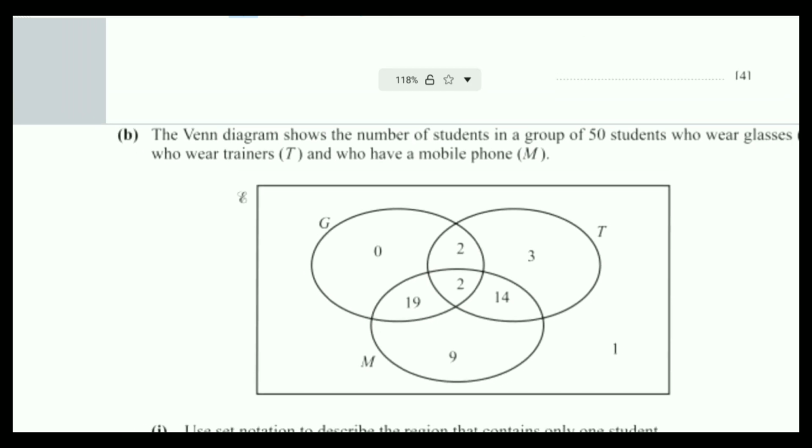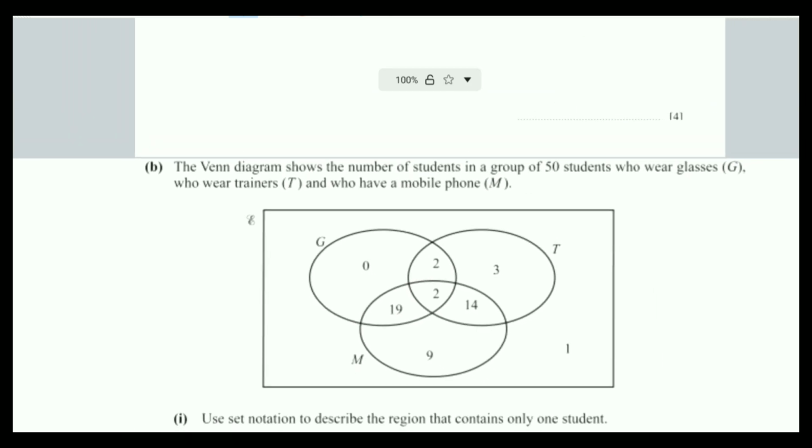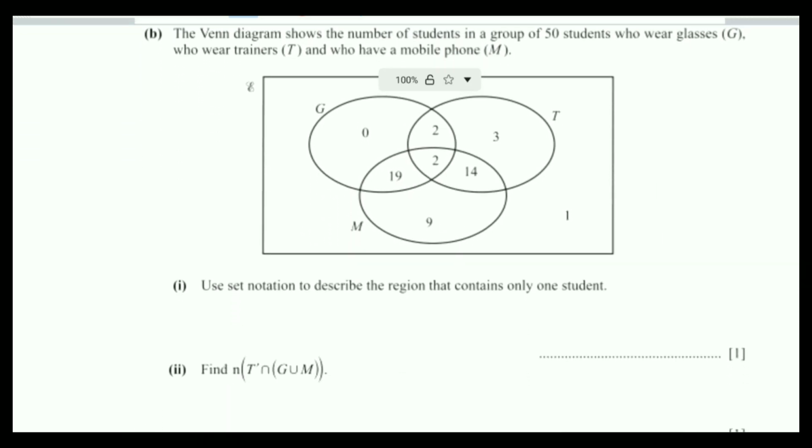Okay, next question. The Venn diagram shows the number of students in a group of 50 students who wear glasses, who wear trainers, and who have a mobile. Use set notation to describe the region that contains only one student. You can see that one student is here outside the circles. So first of all, think about it.